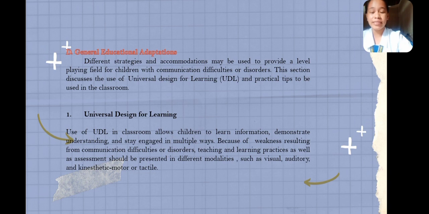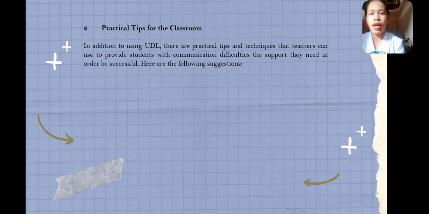Presenting learning activities in this manner gives children with communication difficulties or disorders the opportunity to use their stronger modalities to compensate for their weaknesses and a chance to be successful in an inclusive classroom.